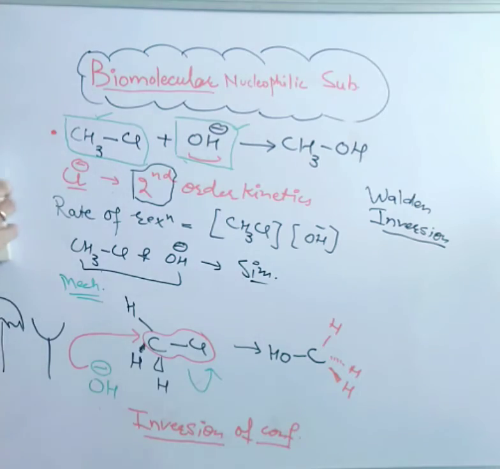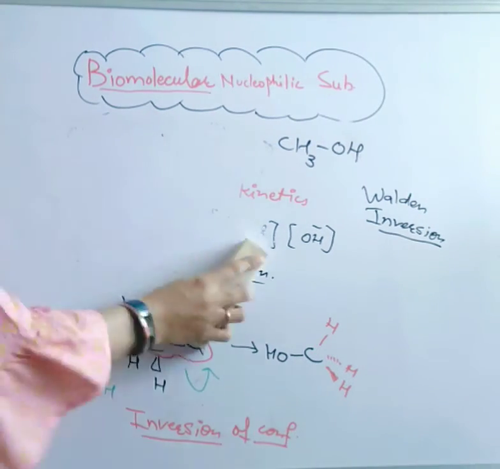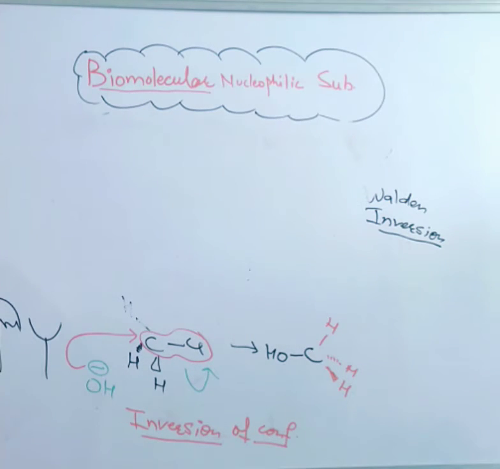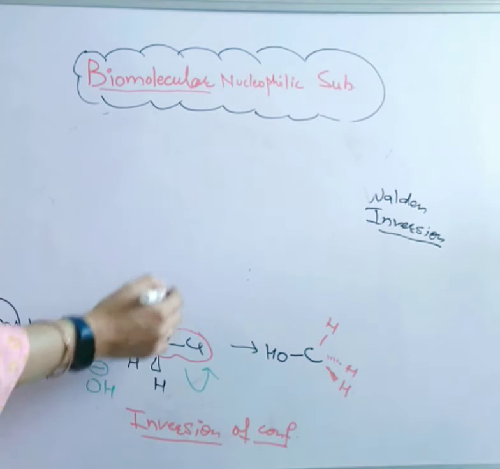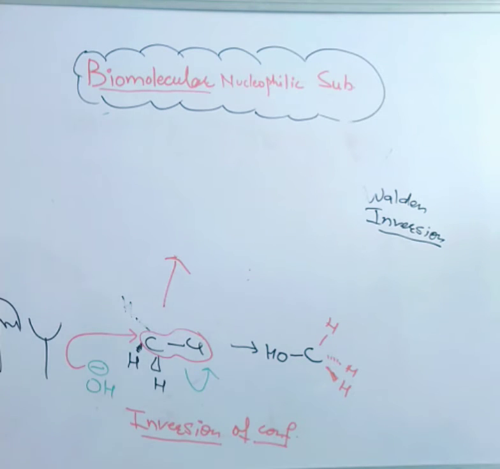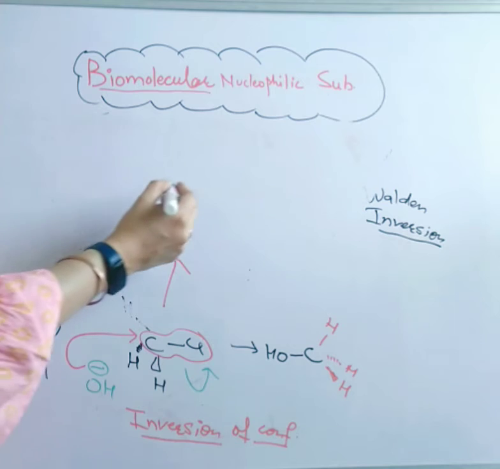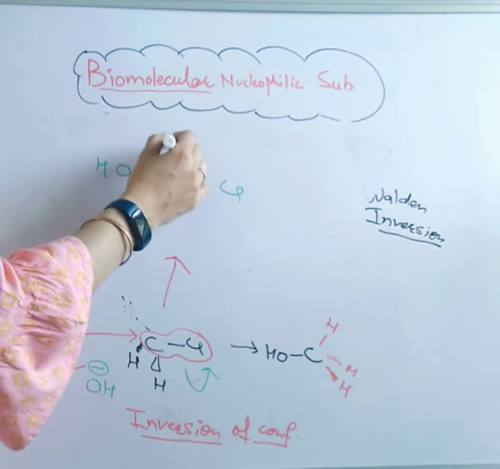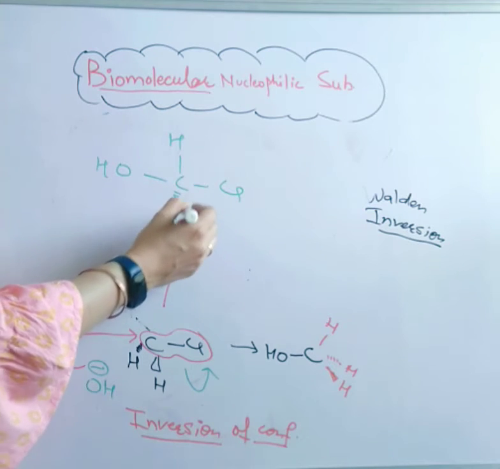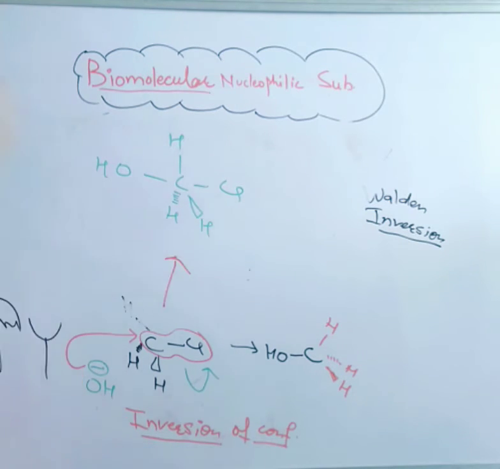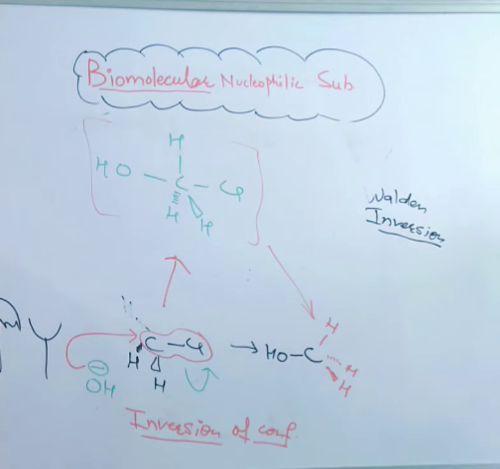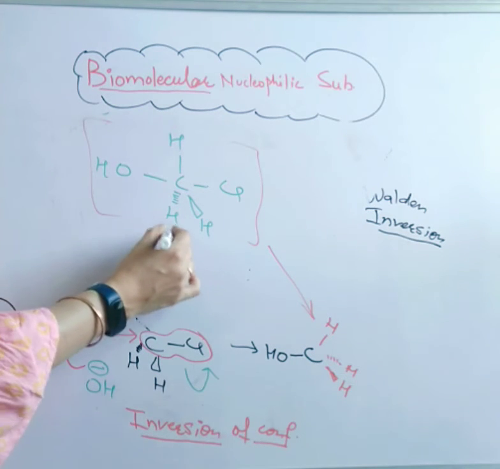One more thing is also there. See what happens, whenever there is a formation of this, we have here a transition state, a 5-membered transition state, which is unstable.